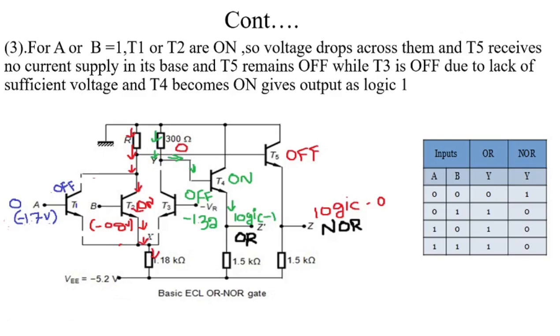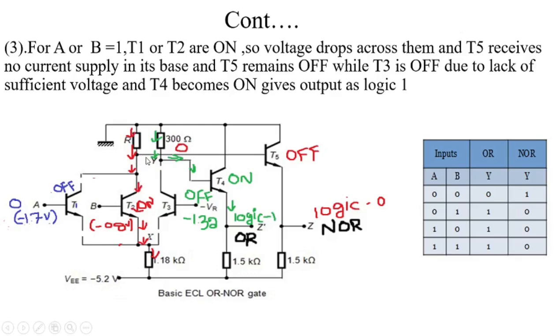At that time minus 1.7 volts is less than minus 1.32, therefore this T1 transistor is off, and minus 1.32 is less than minus 0.8, therefore this T3 transistor is also off, but this T2 transistor is on. Here a short circuit path exists from the power supply to ground. So at that time the collector terminal of this T2 transistor gets logic 0 output.